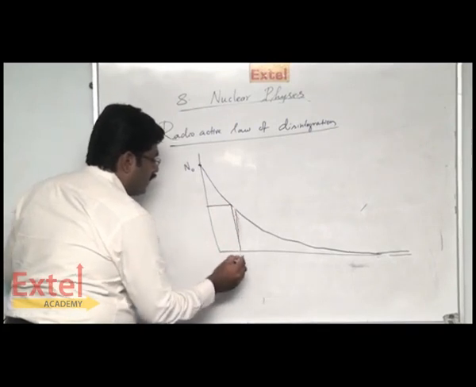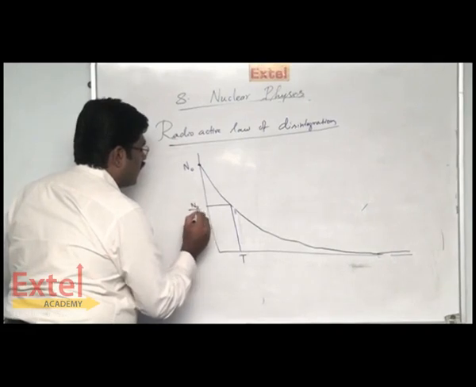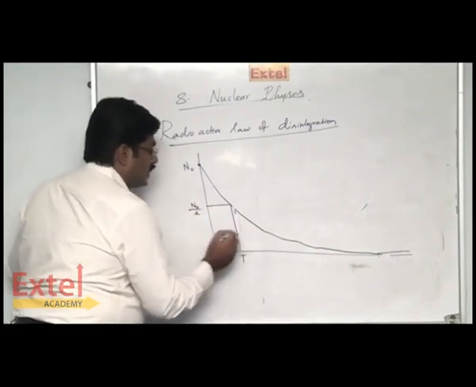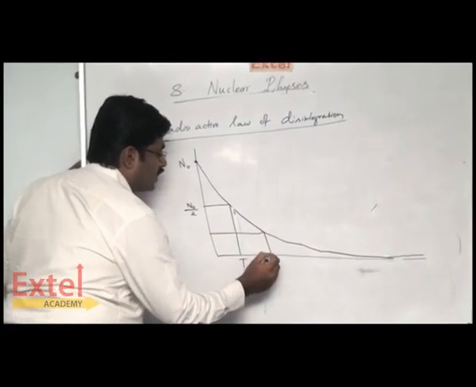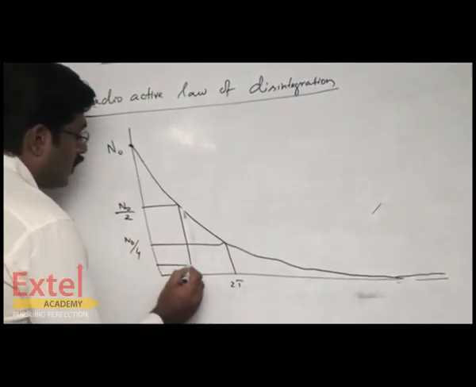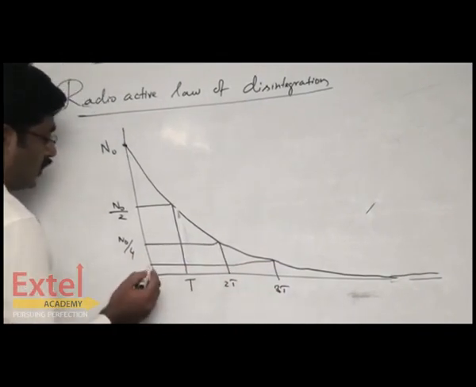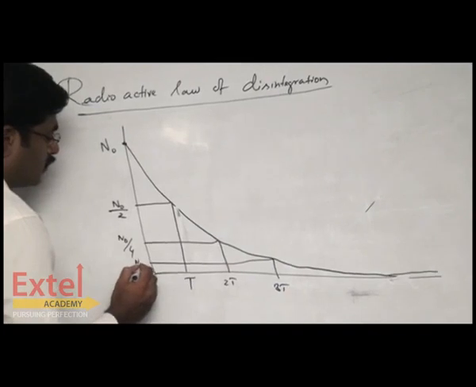In a given time t, the number of atoms decreases by half. In twice the time, 2t, it becomes N naught by 4. And then at the third time, 3t, it becomes N naught by 8.